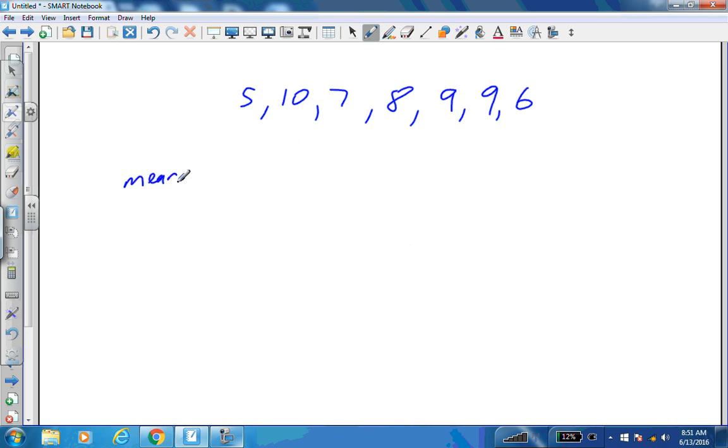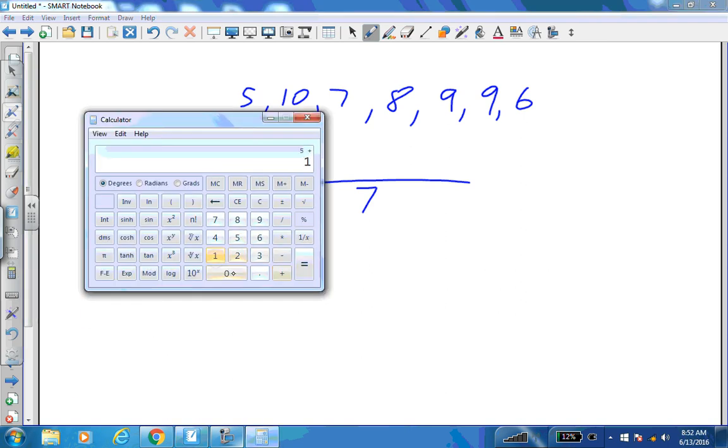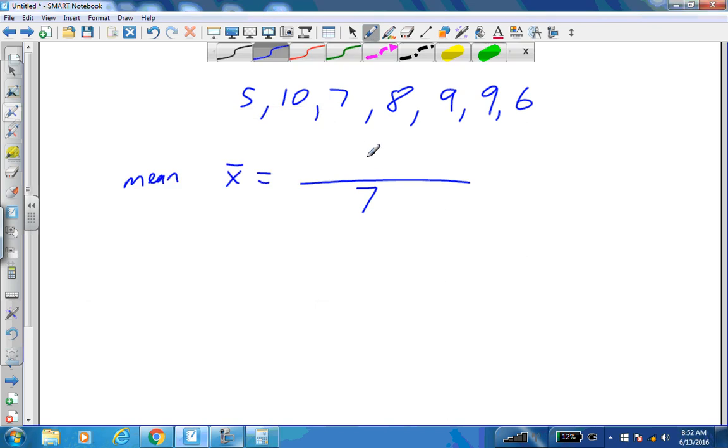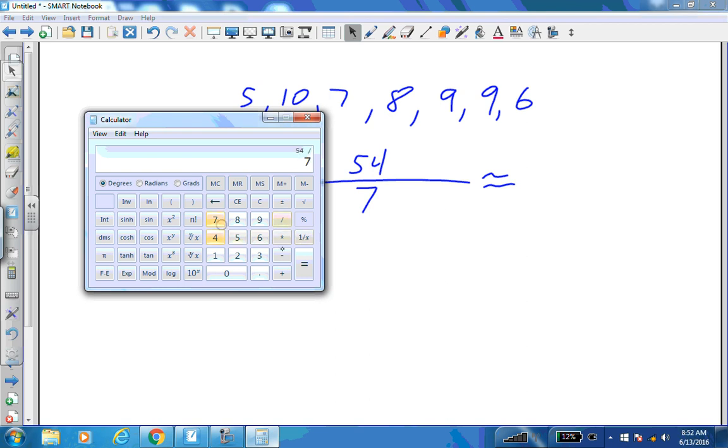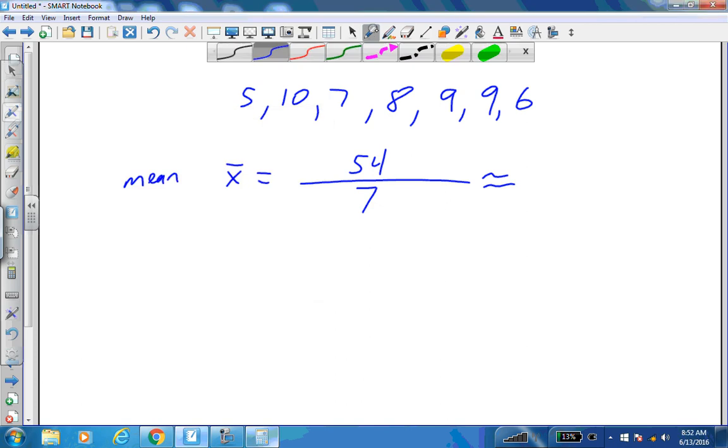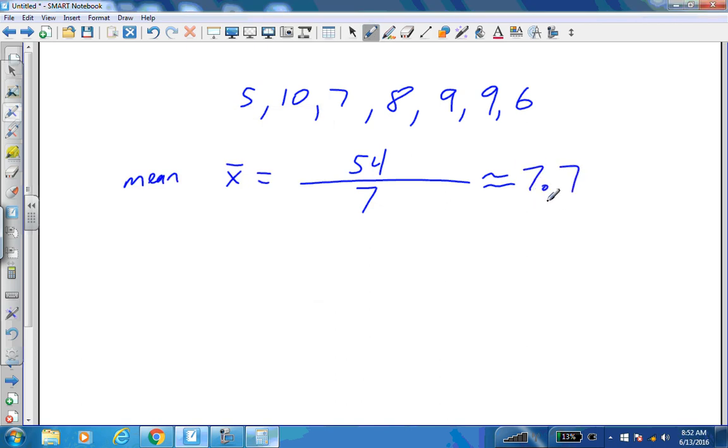So real quickly, if we want to know the mean, we add up those values and divide by 7, since there are 7 data values. So I'm just going to pull out my calculator and do 5 plus 10 plus 7 plus 8 plus 9 plus another 9 plus 6. So 54 divided by 7. It's about 7.71. Say about 7.7. So that's the average for that particular quiz.